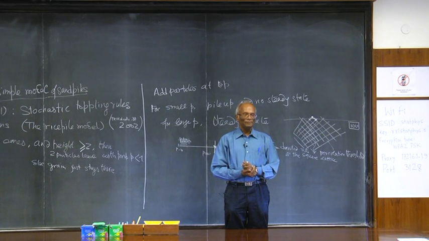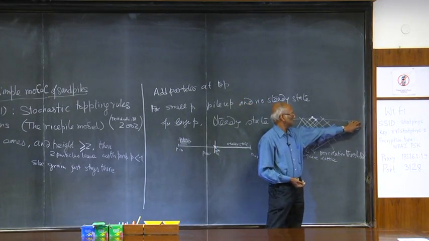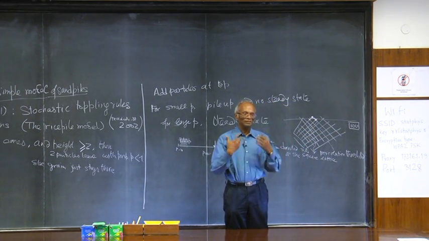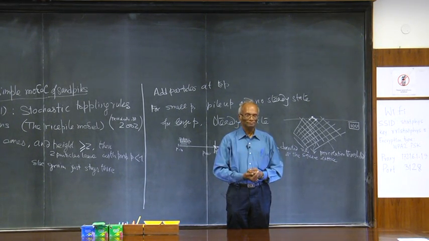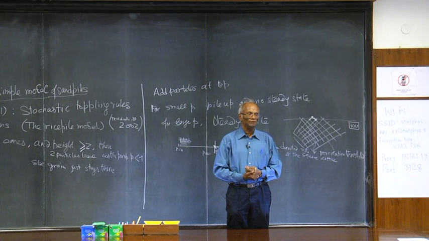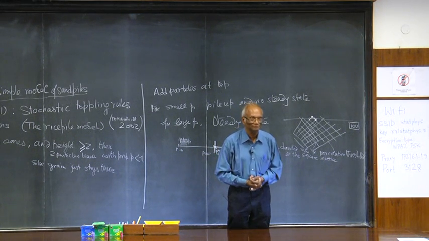The conservation law will matter only if these IOUs can affect the motion of the person in some way. Like if there is a limit on how much money you can spend, then at some stage it will hit you and you will not be able to spend. But if there is no mechanism in the model for these IOUs to affect your subsequent motion, then whether the money is conserved or not conserved does not make any difference.